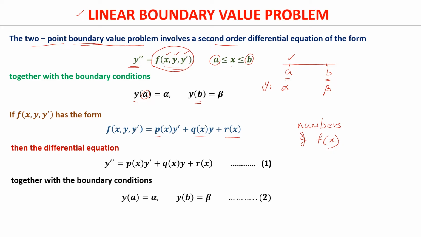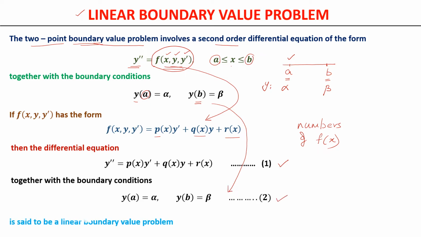So we are replacing f of x, y, y dash by this expression to get equation 1, and the boundary conditions continue to be equation 2. So 1 and 2 together will be termed a linear BVP, linear boundary value problem.